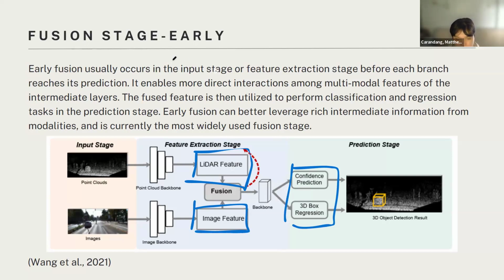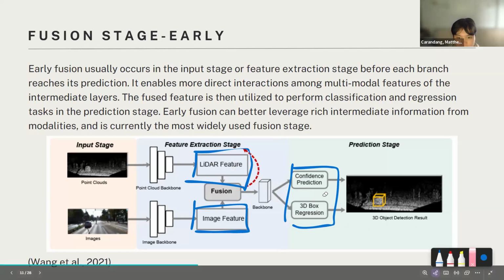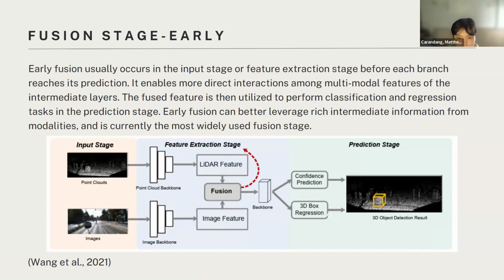Again, the advantage of early fusion is that the model is able to learn the features of both LiDAR and image, and correlate them with each other, so that they can give the detection head a more accurate prediction.